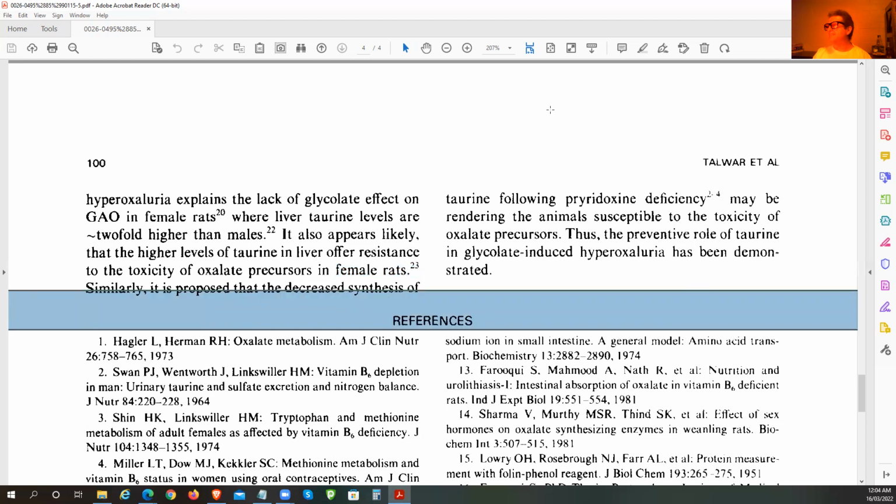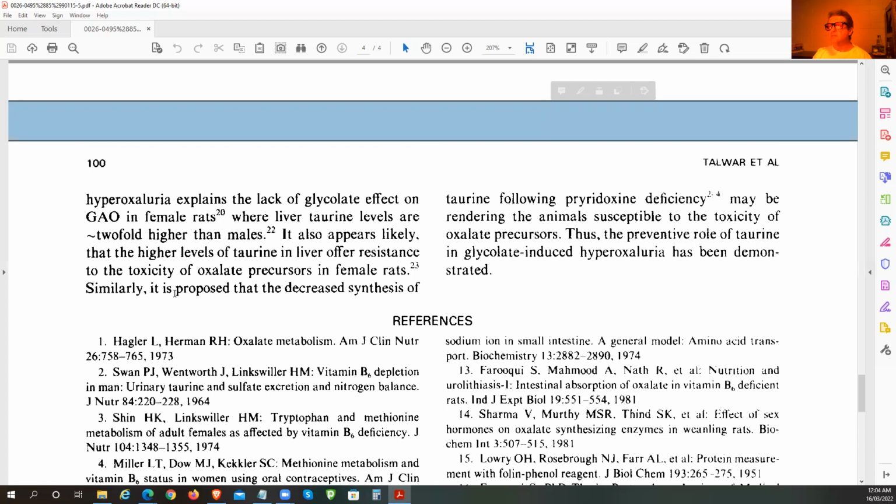Similarly, it is proposed that the decreased synthesis of taurine following pyridoxine deficiency, B6, may be rendering the animal susceptible to the toxicity of oxalate precursors. So what they're saying here is that it may not be basically the oxalate stuff that's actually causing it.